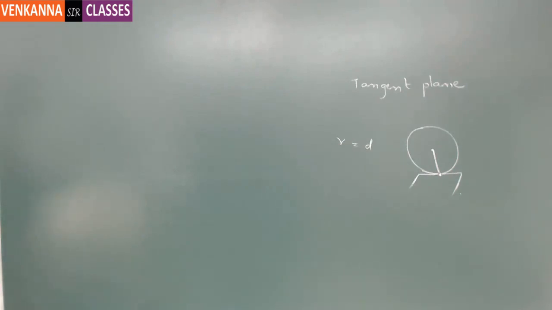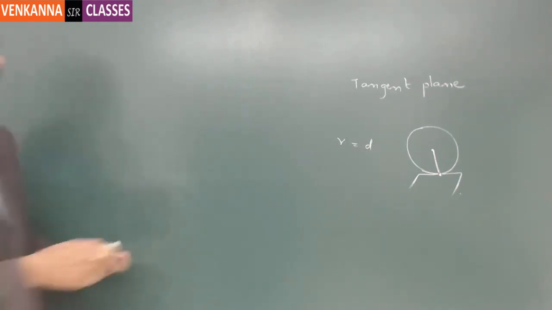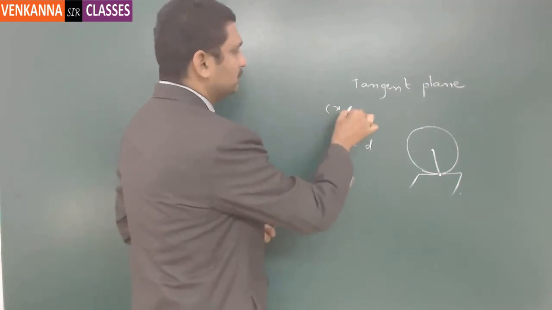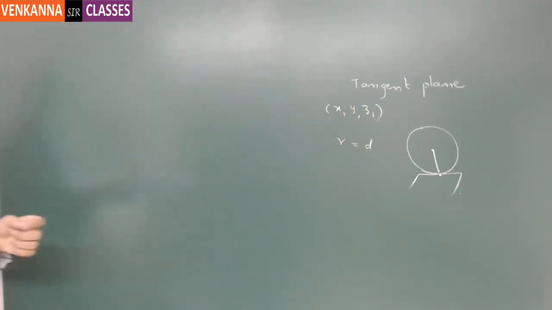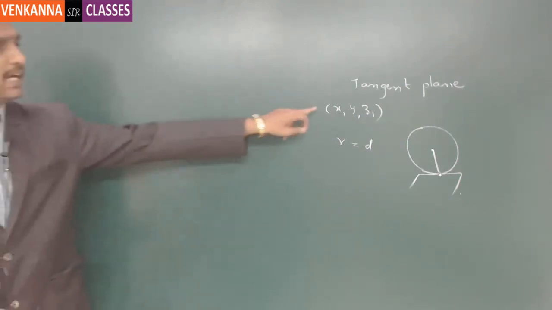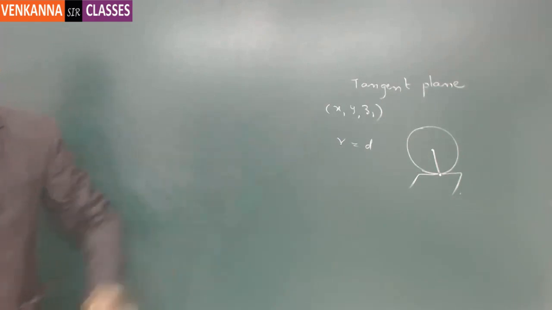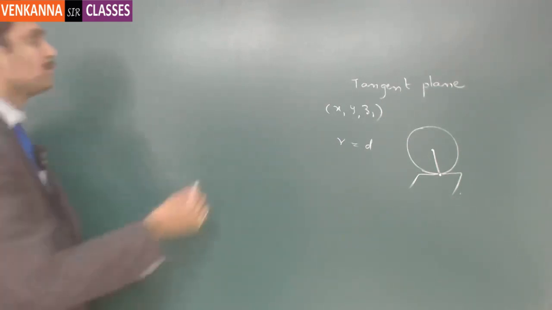Now coming to the point, whenever a point is given to you, how do you calculate the tangent plane of the sphere at that particular point? For this, there is a simple formula available.